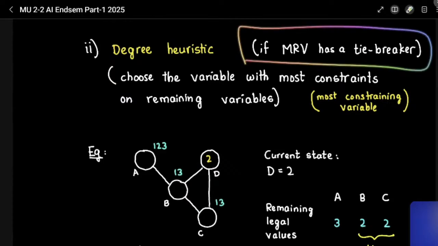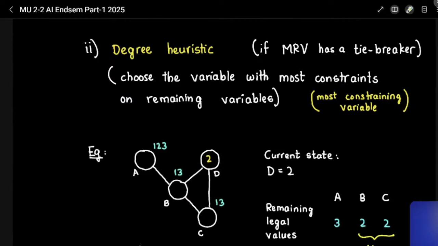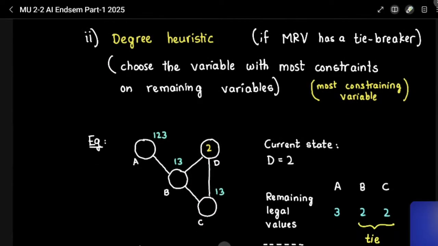If you try to use MRV to decide which variable to assign some value next, you'll realize that there's a tiebreaker. Should I choose B or should I choose C? So here comes the second rule called degree heuristic. You choose the variable with most constraints on remaining variables.